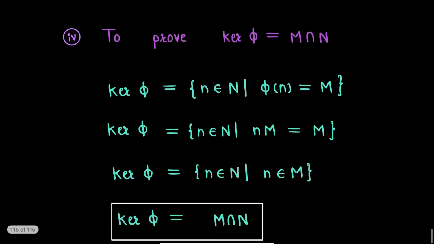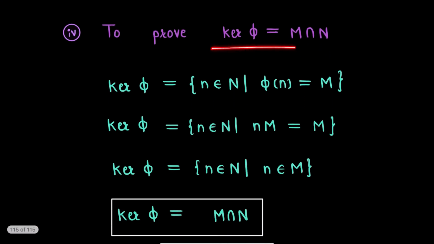Next, to prove that the kernel of this homomorphism phi is the set M intersection N. So consider kernel phi, that will be the set of all those elements n in subgroup N such that phi of n is equal to M, that is, kernel phi is the set of all those elements n in N which get mapped to the identity element of NM over M. And the identity element of NM over M is subgroup M itself.